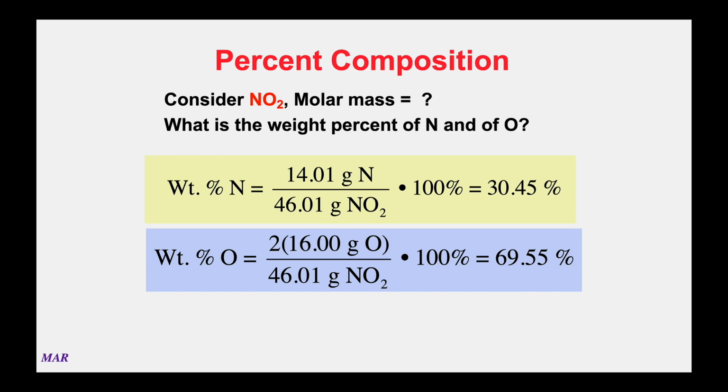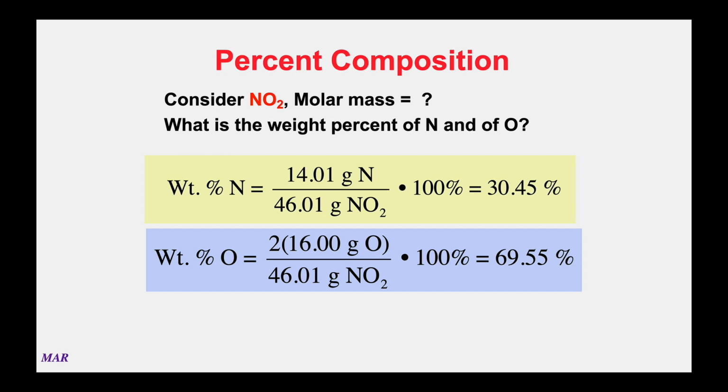For oxygen, notice it's 2 times 16. That's because NO2 has two oxygens. So you put 2 times 16 divided by 46.01 times 100, 69.55%. Notice that the percentages of all the elements together should be 100%, and those look really good.